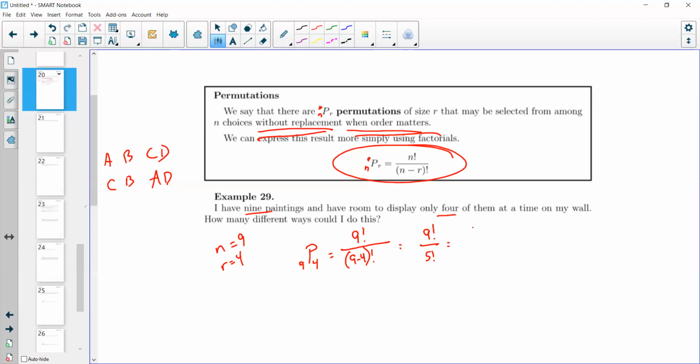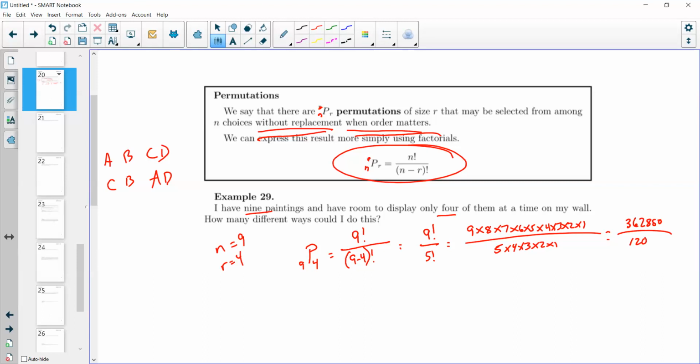Now there's 3 ways to look at this. We can do it the long way and just multiply it out: 9 times 8 times 7 times 6 times 5 times 4 times 3 times 2, which is 15,120. And this is okay for this because the numbers aren't quite so large and it's easy enough to do.